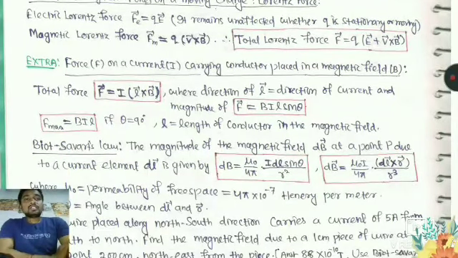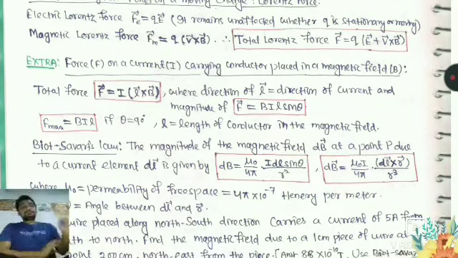We know that F is equal to I L cross B. Total force is F equal to I L cross B, where the direction of L is the direction of current, and the magnitude of F is B I L sin theta. Remember B I L sin theta. F maximum is equal to B I L if theta is 90 degrees, since sin 90 is 1. L is the length of the conductor in the magnetic field.